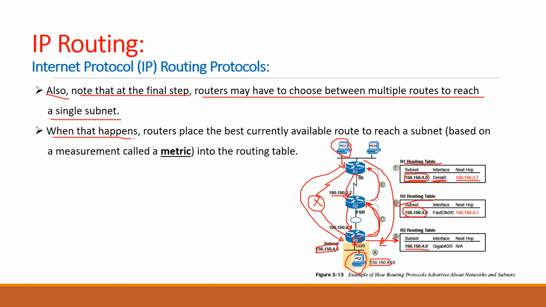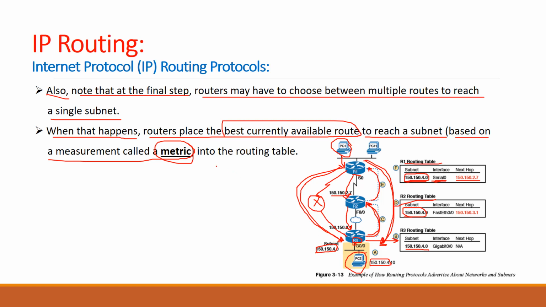When that happens, routers place the best currently available route to reach a subnet based on a measurement called a metric. So this path has a metric and this path has another metric, and the best one of them will be chosen to be added into the routing table.